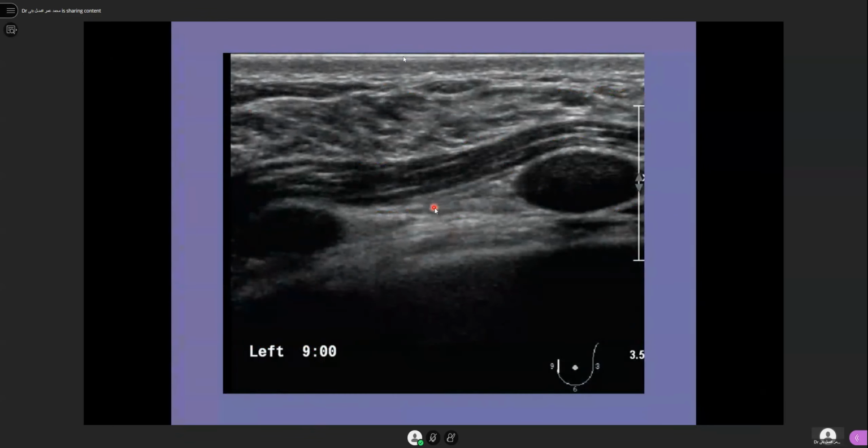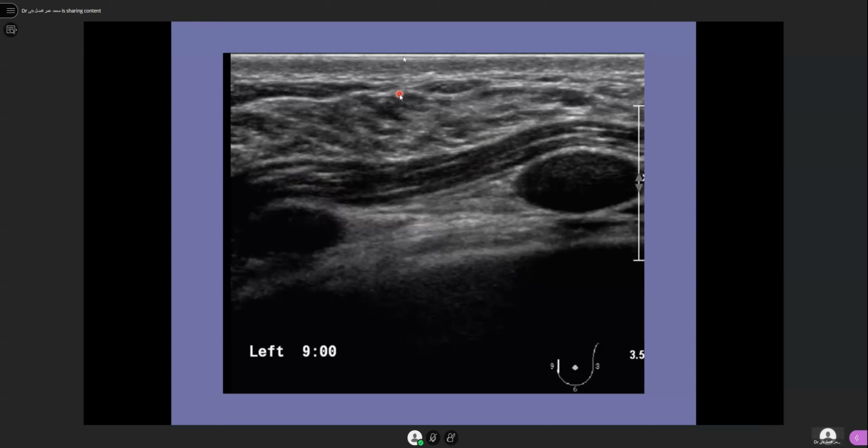Okay, this is the ultrasound image of the breast. You can clearly visualize that these are the ribs. Okay, these are intercostal muscles, and this is the pectoralis major muscle. You can see that this is hypoechoic, and within the muscle there are muscle fibers representing as white lines.